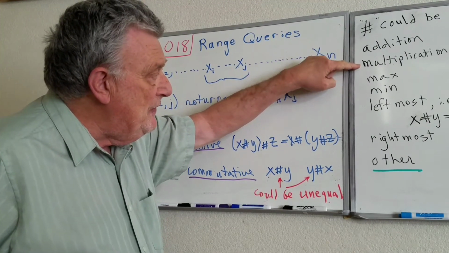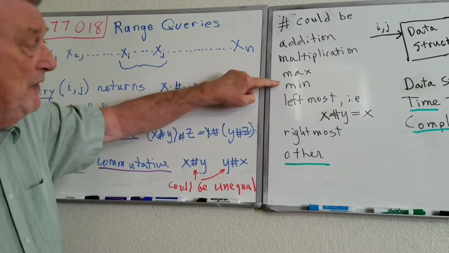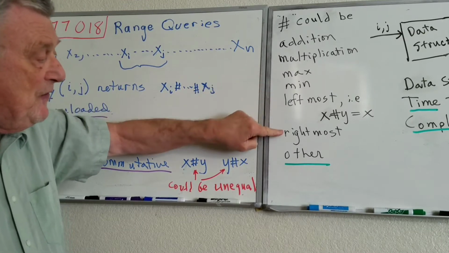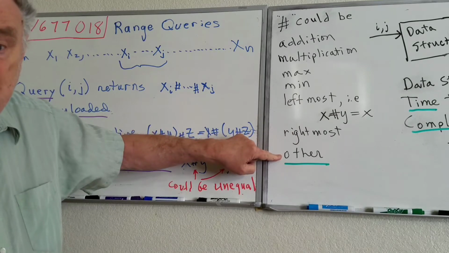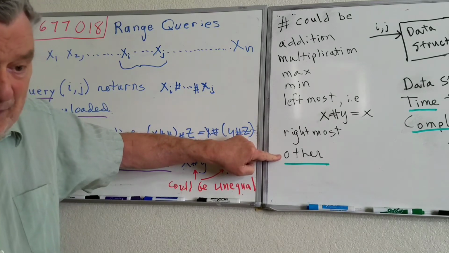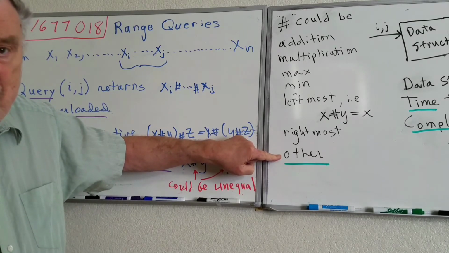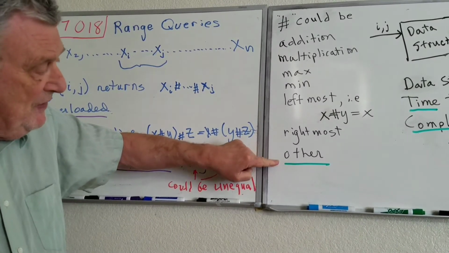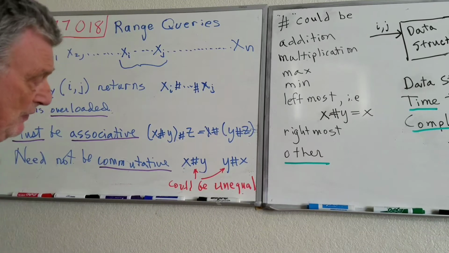It could also stand for multiplication, or the maximum of the elements, or the minimum of the elements, or the leftmost element, or the rightmost element, and we'll give an application where it's something else. This application is fast addition, logarithmic circuits for adding large integers. And there we'll use something that's none of these, but it still works.